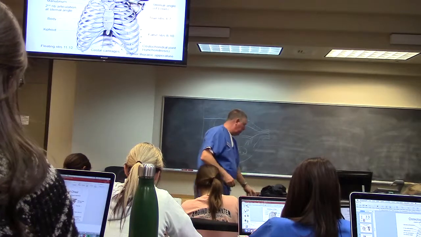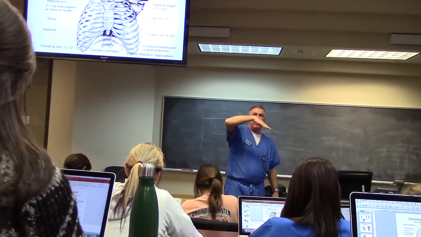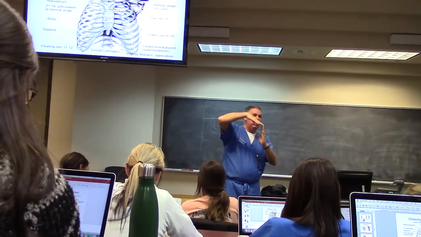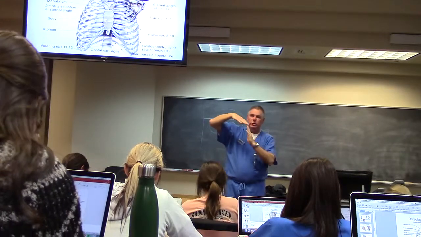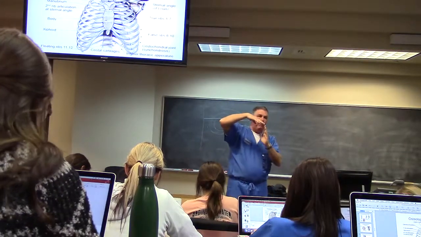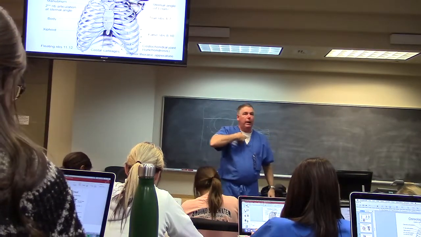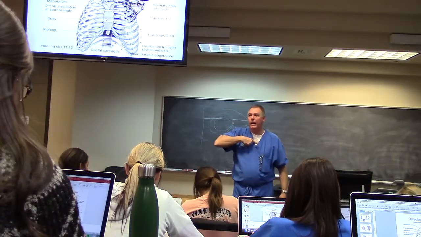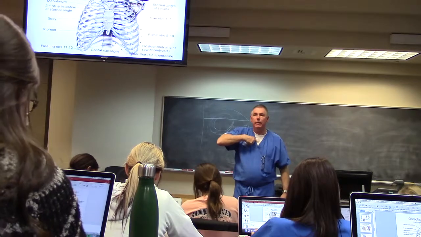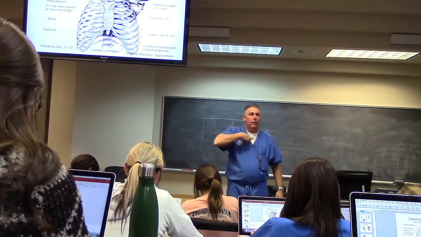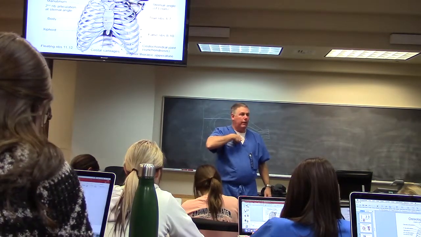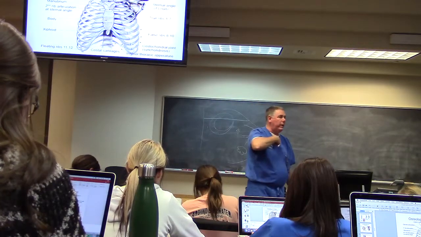The manubrium is at an angle like that. The body is more straight up and down, which produces a point. That point right here is called the sternal angle of Louis. If you feel it like this, and it's more prominent in guys, there's a click right there. Do you feel it? Okay, that's the sternal angle of Louis.